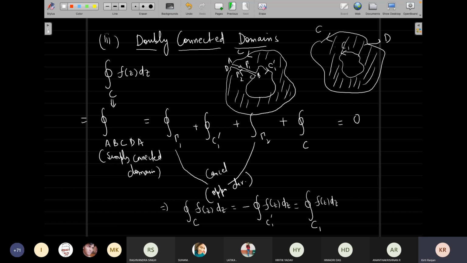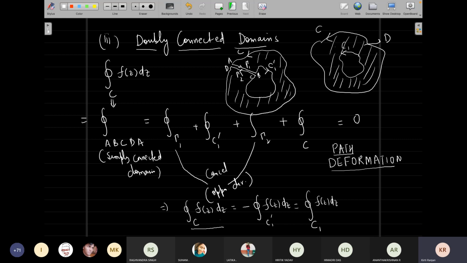So what did I get in principle? Another very important point in evaluating integrals, what we call path deformation. Now what is path deformation I am talking about? Look at the result which we have got.